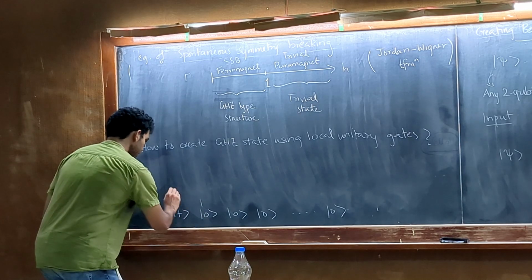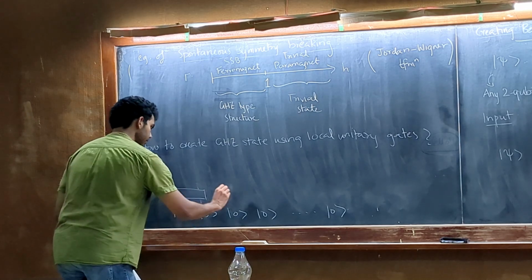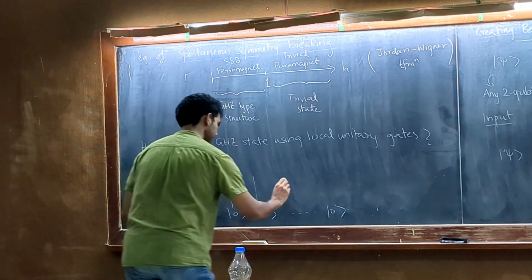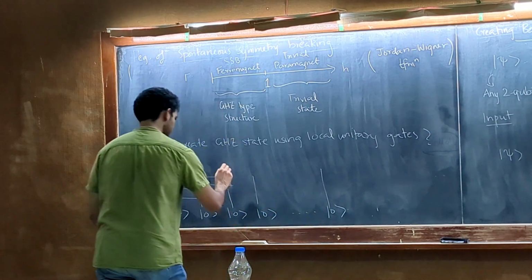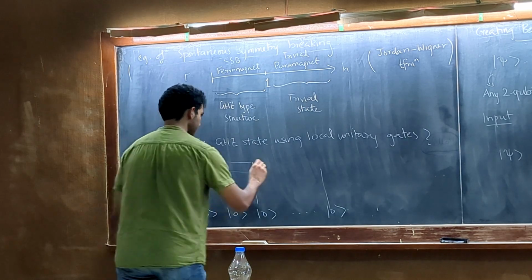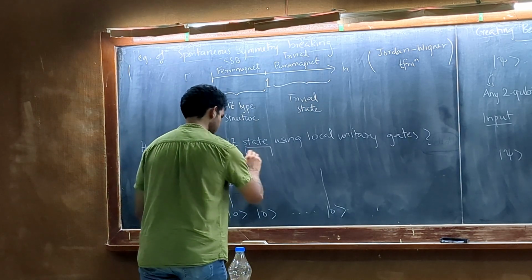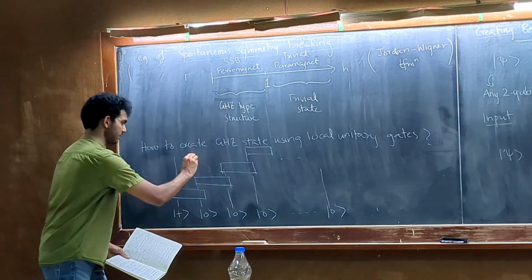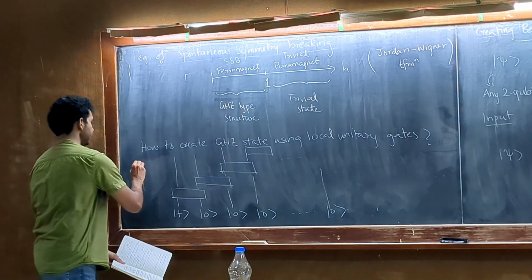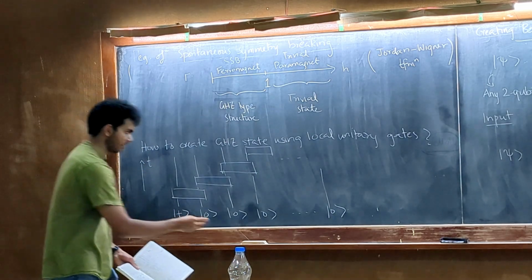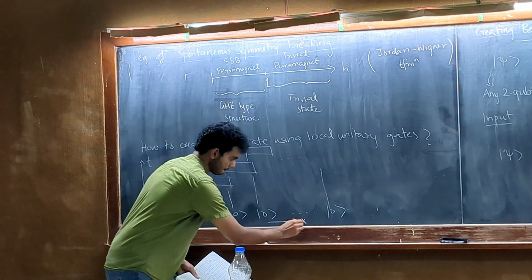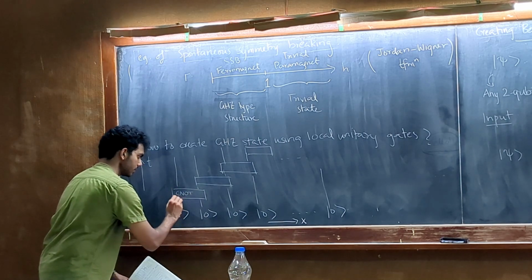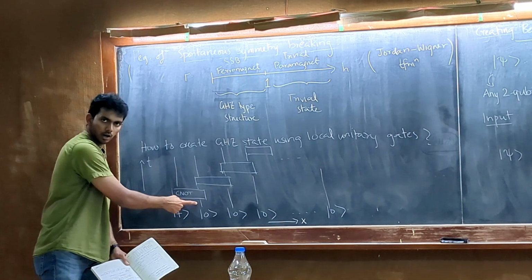Then what you would do, you would apply a sequence of gates like this. I'll explain in a second what this means. This is the time direction, and this is space, and this is the CNOT gate. So this is the input qubit, and this is the target qubit.